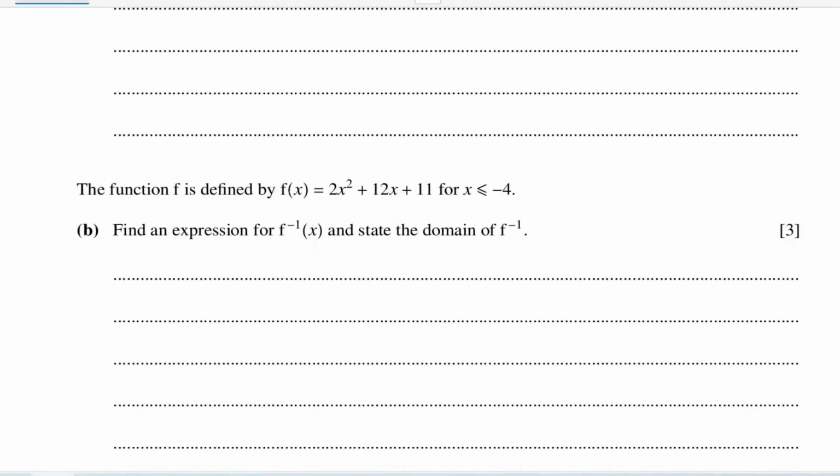The next part of the question is, the function f is defined by f of x equal to 2x square plus 12x plus 11 for x less than or equal to negative 4. Find an expression for f inverse of x and state the domain of f inverse.